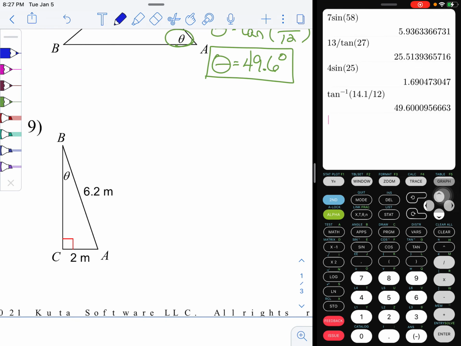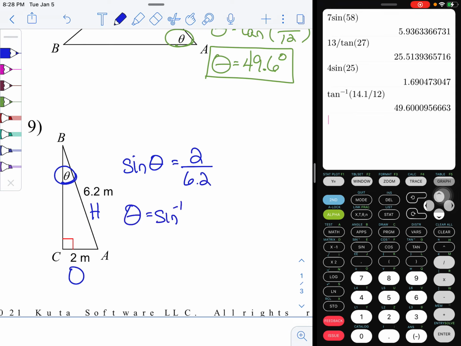So let's see, number 9, theta is sitting right up at the top. 2 meters down here is going to be opposite. 6.2 meters is hypotenuse. So that's going to talk to me about sine of theta is equal to opposite over hypotenuse, so 2 over 6.2.